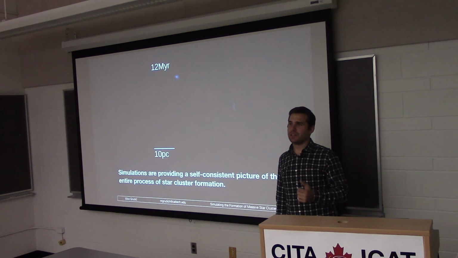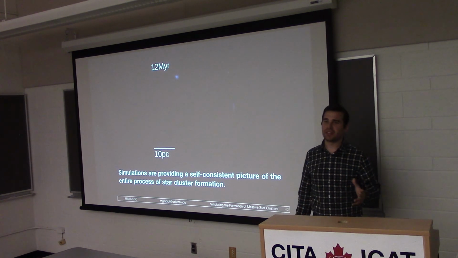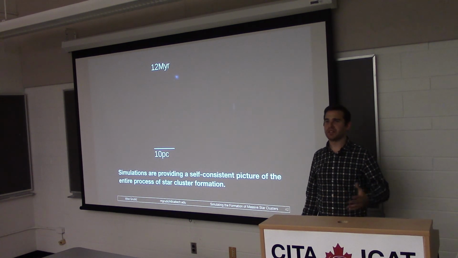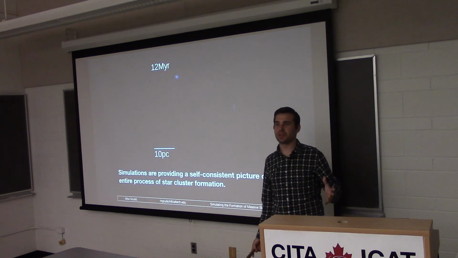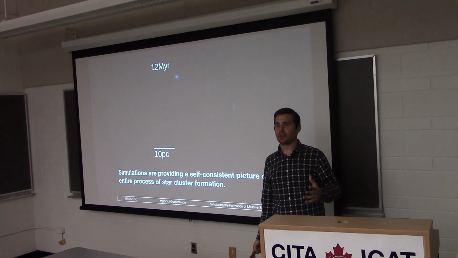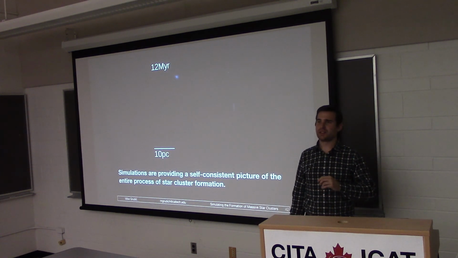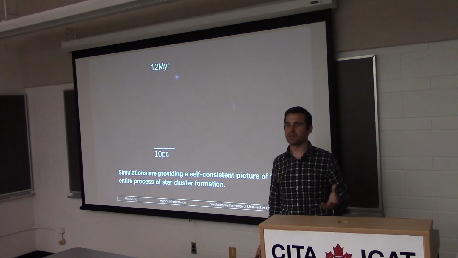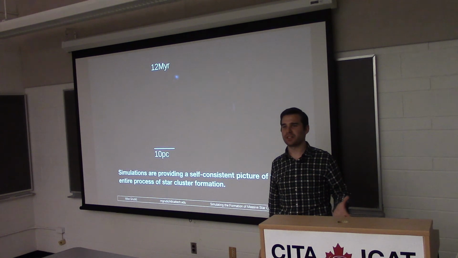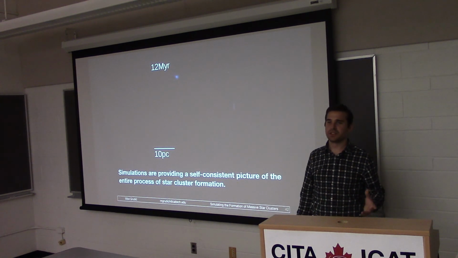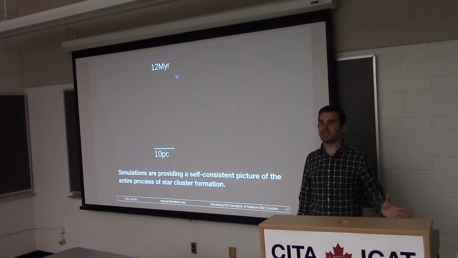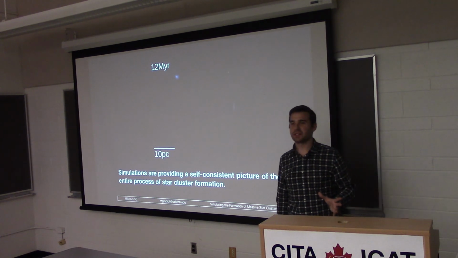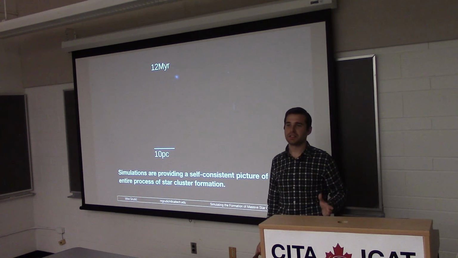However, if we start with something that looks like a Milky Way GMC, so 1 million solar masses, maybe 100 parsecs across, we form these star clusters that have like 10 to the 4 solar masses within a half-mass radius of a parsec. So they do seem to be within the range of realistic YMC densities.